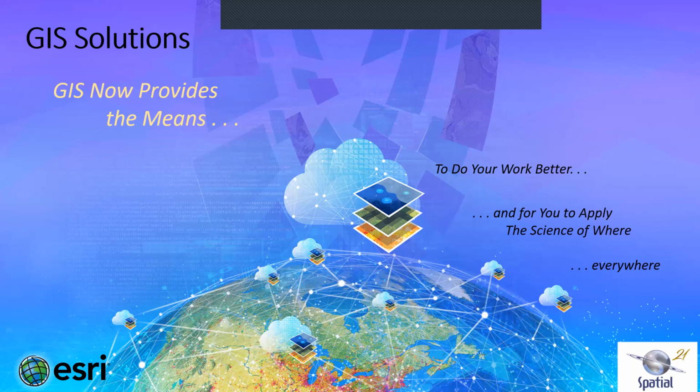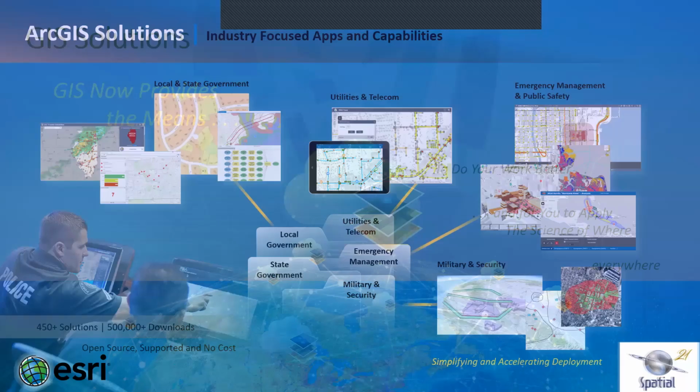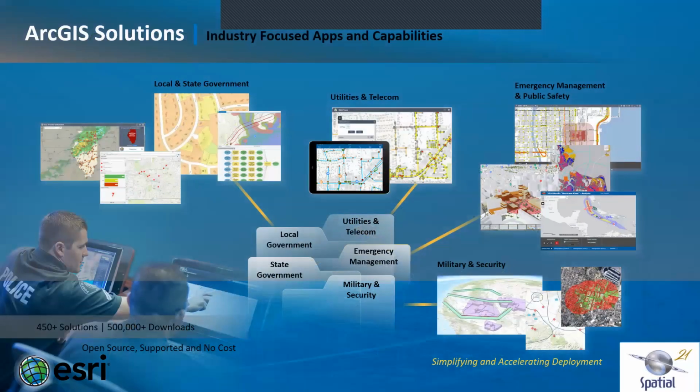So Esri has carved out solutions just for you to apply to your area of interest. Some of these are industry-focused applications and capabilities. These are largely organized around industries, like local and state government, or utility, or emergency management.